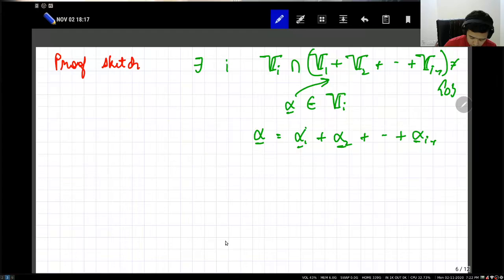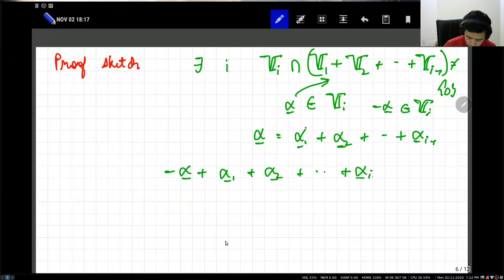Now since the vector alpha belongs to Vi and Vi is a vector space, minus alpha should also belong to Vi. Therefore, minus alpha plus alpha 1 plus alpha 2 up to alpha (i-1) is equal to the 0 vector.